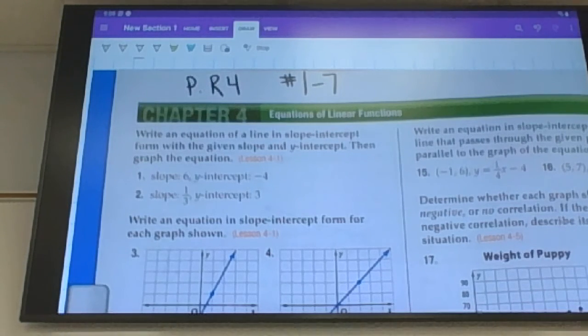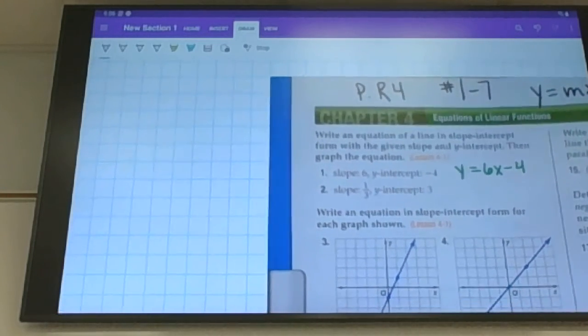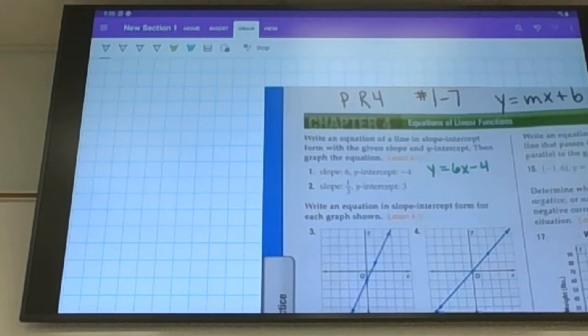So if you want to write that at the top of your paper, the whole thing is y equals mx plus b. You have to write the equation and you have to graph it. It says write an equation in slope intercept form, then graph.